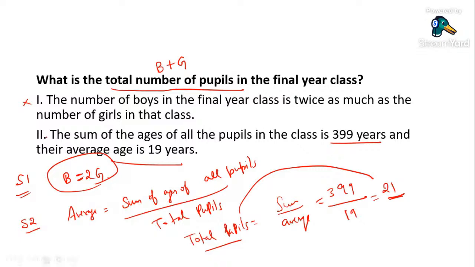Average is nothing but the sum of the ages of all the pupils divided by the total pupils. Then the sum 399 by 99, right? But statement 2 alone is sufficient. Both are not required, Pratish, it's not that both are required.